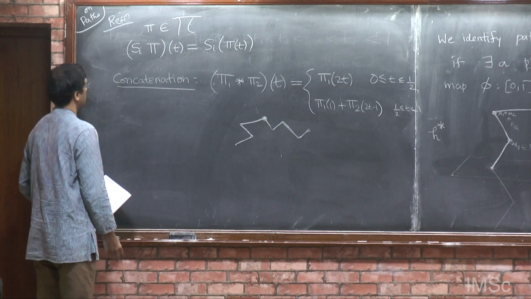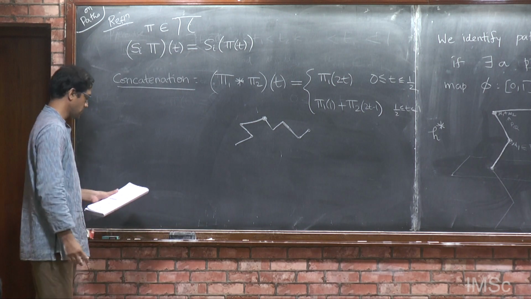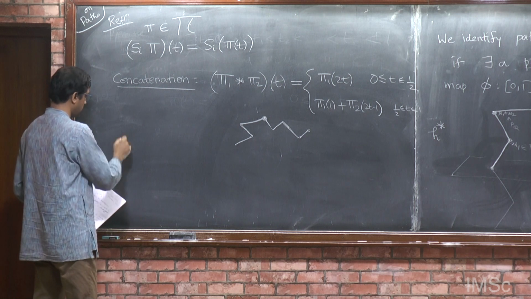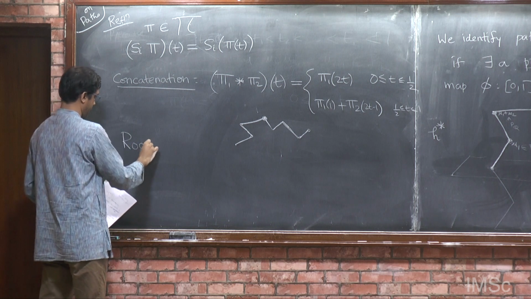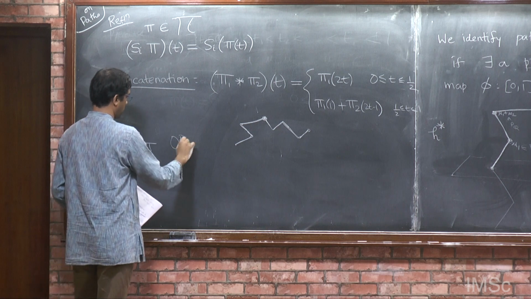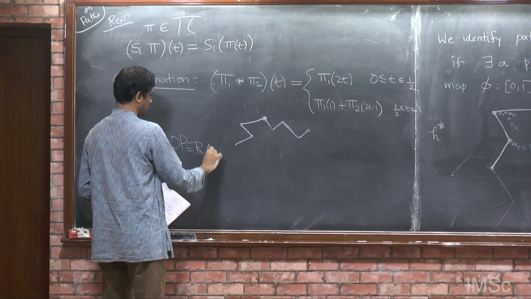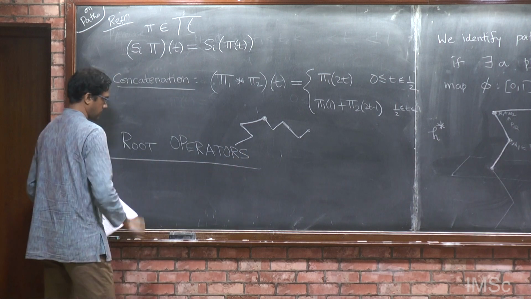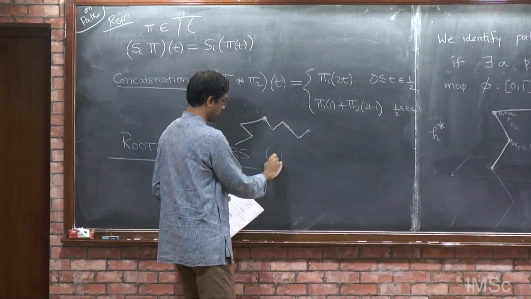Okay, so we have reflections and we have concatenations, and that's what we need to define the next important operation on paths. This is somehow the heart of the whole theory. These are called root operators. So they are operators on paths.